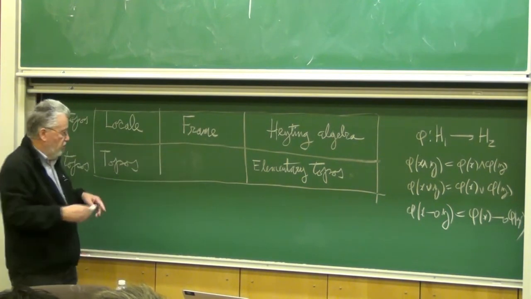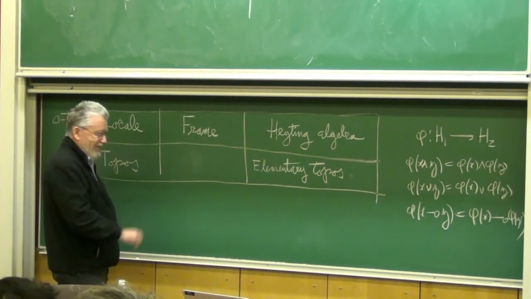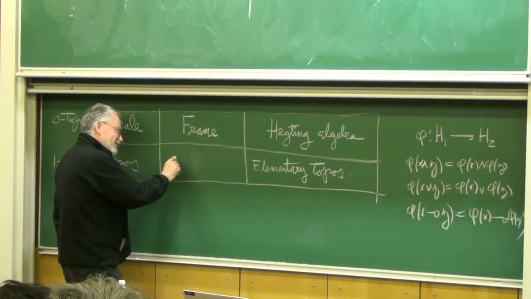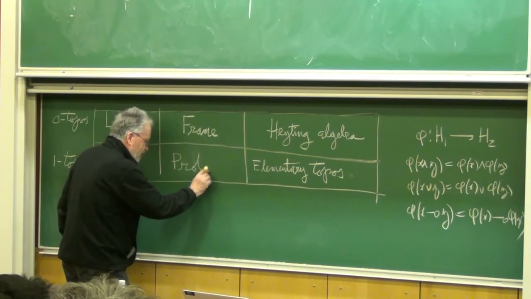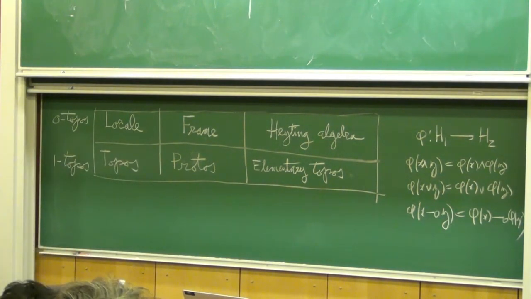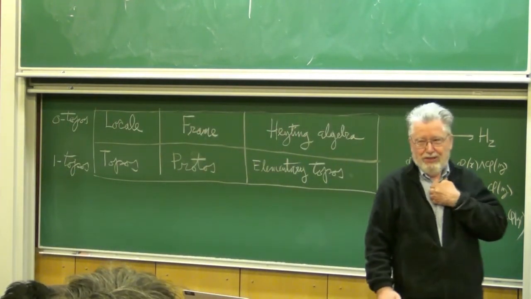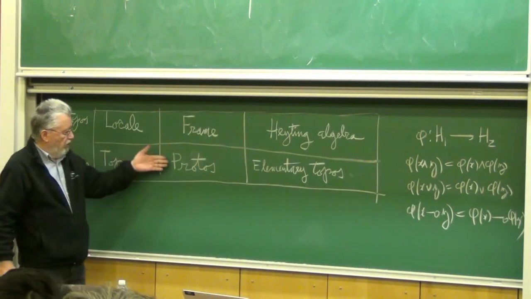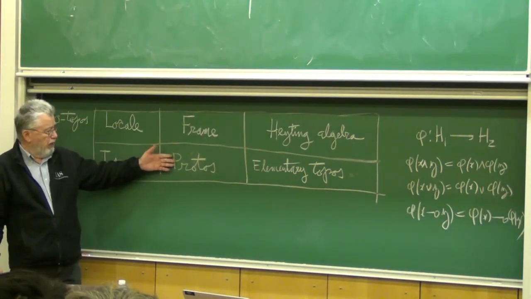I will suggest something. I will suggest to call that a protos. Protos because first. So we have topos, and really what Grothendieck did was to describe what is a topos by axioms.